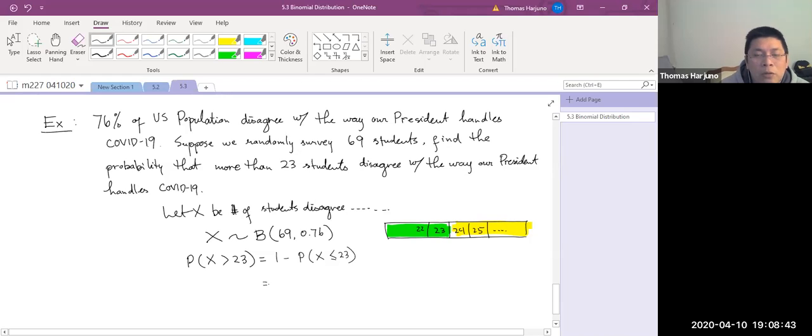Then I write the calculator notation first: 1 minus binomcdf(69, 0.76, 23).